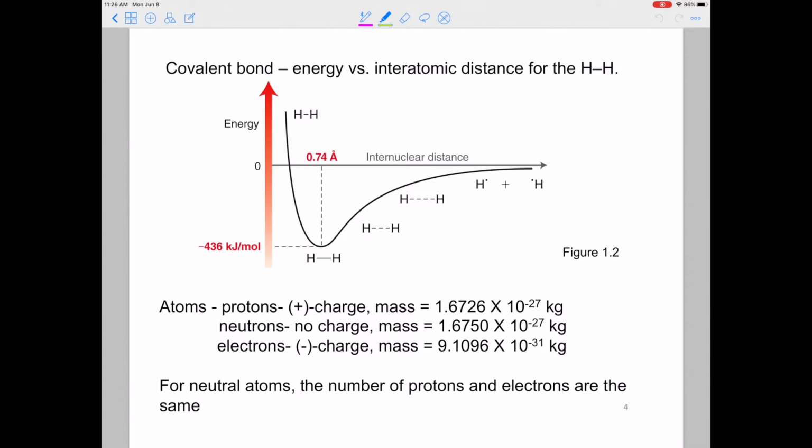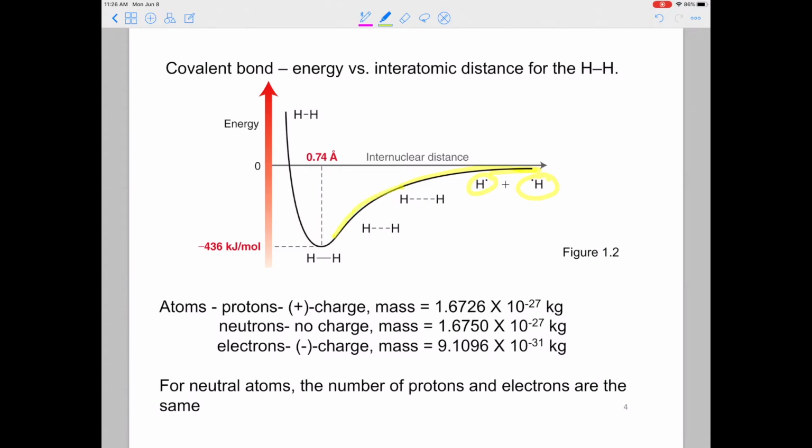Here, this is a plot of interatomic distance versus energy. Out here on the plot, we have the 2 hydrogen atoms. The distance can go from a distance where there is no bond, so out to infinity. But as we bring these 2 hydrogen atoms closer together, they start to form a bond because their orbitals are going to overlap.